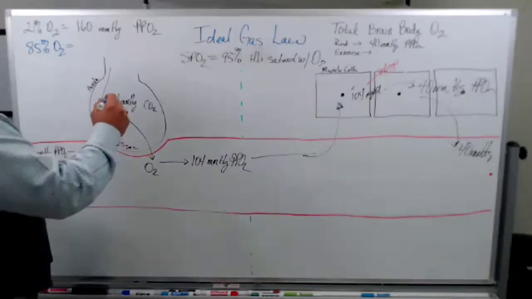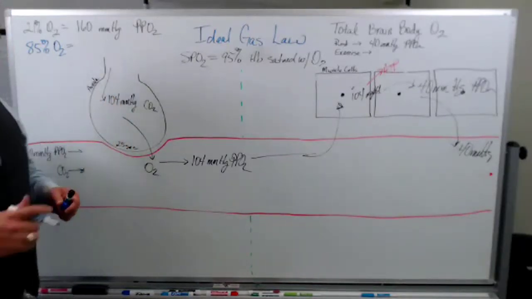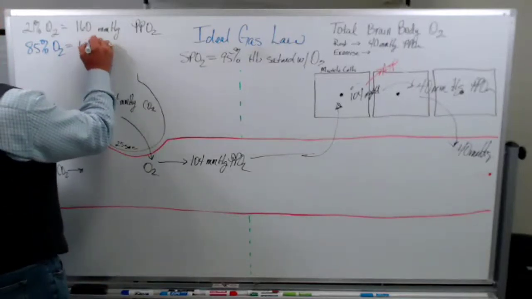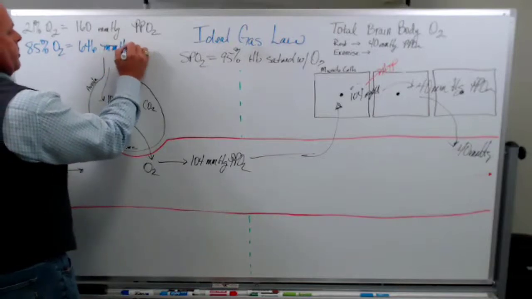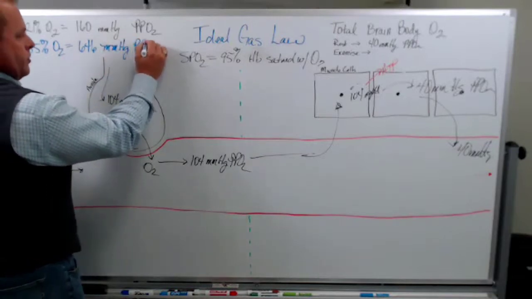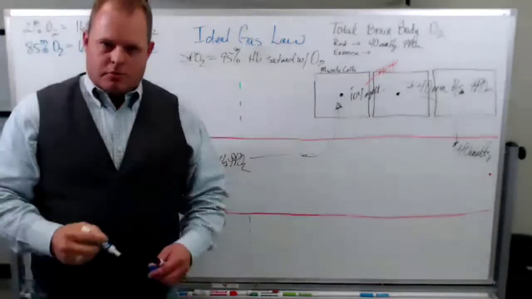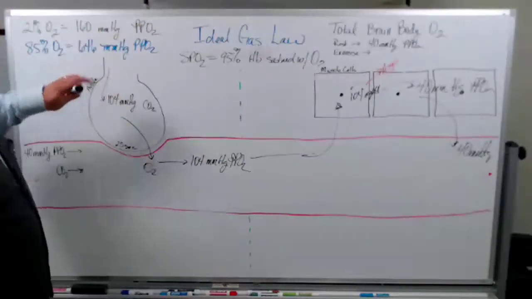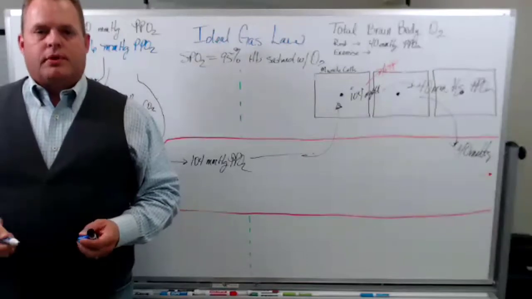Well, 85% oxygen is right at 646 millimeters of mercury, partial pressure of O2. So when we put somebody in a mask, put the total brain body O2 into high O2, they're breathing in 646 millimeters of mercury partial pressure of O2.